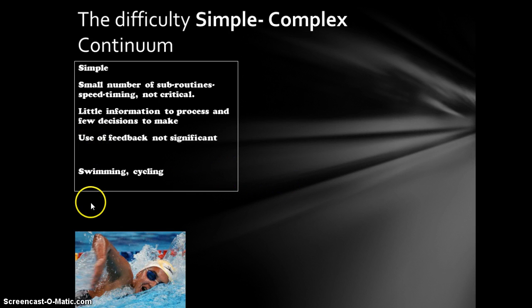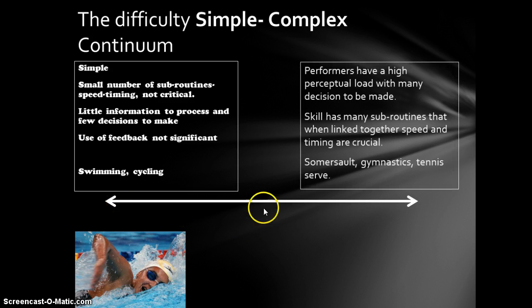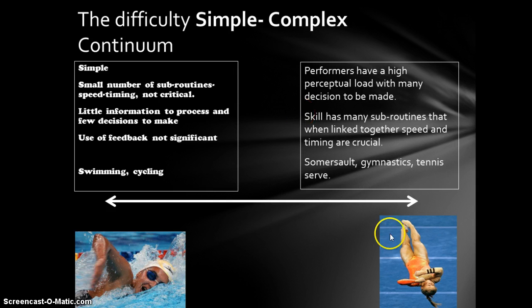It's not completely simple. So let's compare that to the next one, and hopefully that will make it even easier for you to understand. Just imagine you performing a somersault or a tuck or a twist in the air. Now that has a significant amount of information you've got to take on board, and it has many subroutines that are linked together, and the timing of those is obviously crucial.